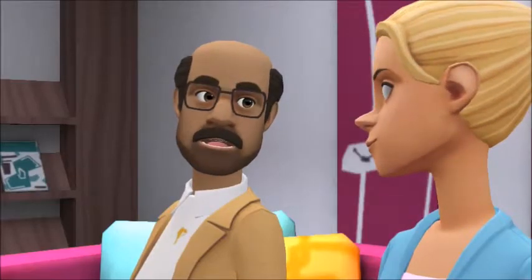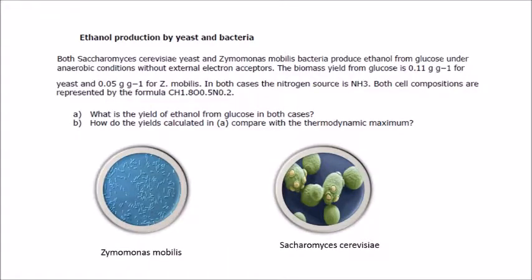These are the conditions we are working in the lab. Ethanol production by yeast and bacteria. Both Saccharomyces cerevisiae yeast and Z. mobilis bacteria produce ethanol from glucose under anaerobic conditions without external electron acceptors. The biomass yield from glucose is 0.1 grams per gram for yeast and 0.05 grams per gram for Z. mobilis.